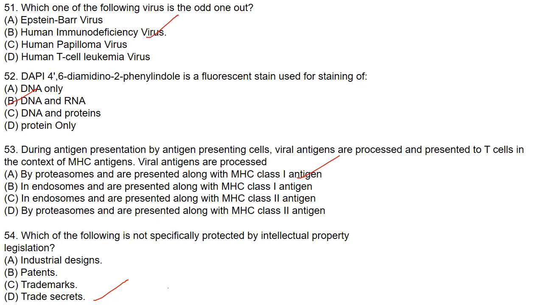So trade secrets is not considered as intellectual property in India. They have written that there is no legislation that governs the protection of trade secrets in India. So the answer is option D, that is trade secrets.